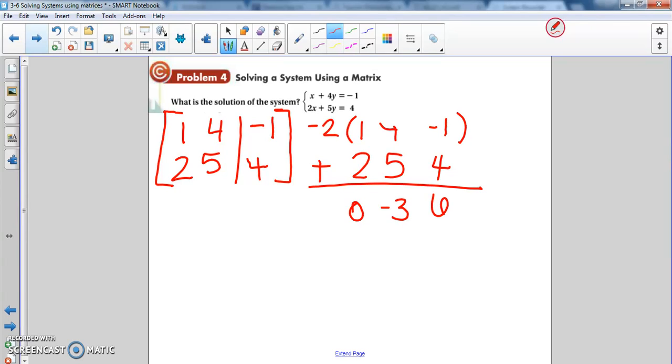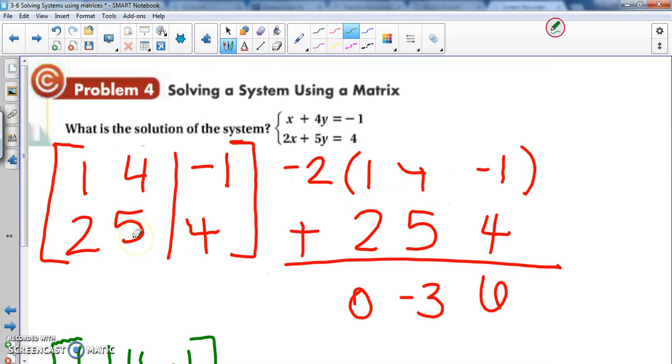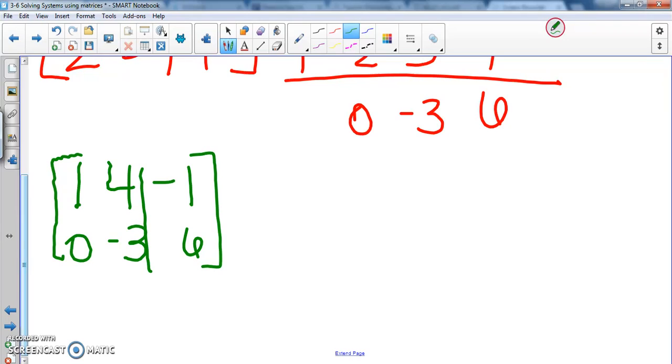So now I have 1, 4, -1, 0, -3, 6. And I'm going to multiply row 2 by 1/3, so I can have that -3 be a 1.